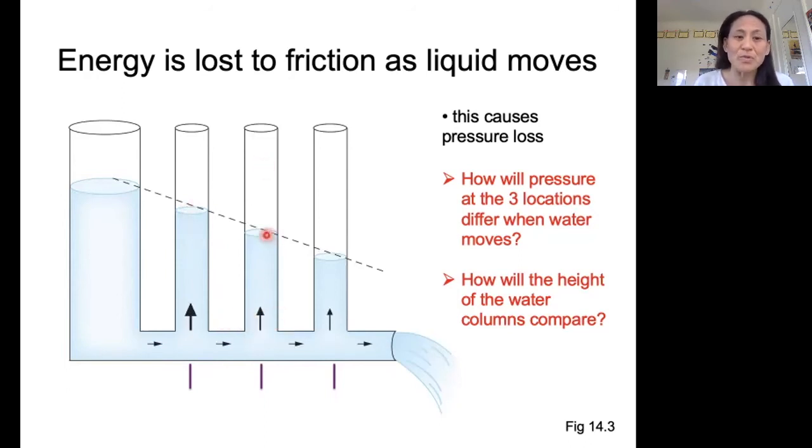That's going to be able to support a moderate amount of water exerting a downward pressure on this point, and so on. So we have a small amount of pressure pushing up here. That's going to be able to support a small amount of pressure pushing down due to this column of water. So the amount of water that we can support is going to decrease as we go from left to right because we have less pressure as we go from left to right. Hopefully that makes sense to you.